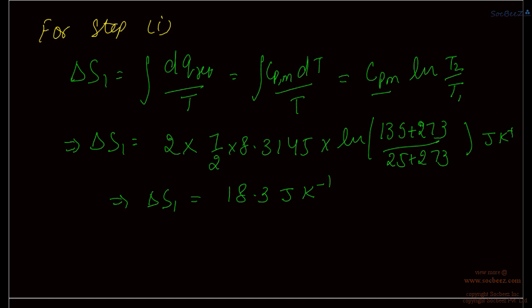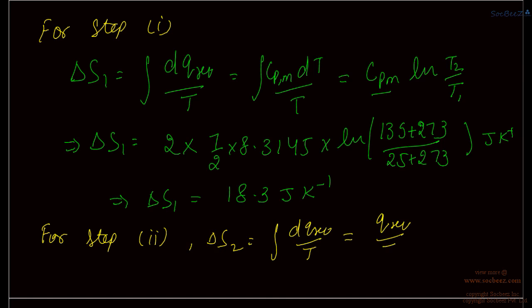Okay, so now in case of the second step, for step 2, delta S2 equals integration of dq reversible upon T, equals simply q reversible by T. Now since the process is isothermal, therefore delta U will be 0 and hence Q reversible equals minus W equals nRT ln P1 upon P2, initial pressure upon final pressure.